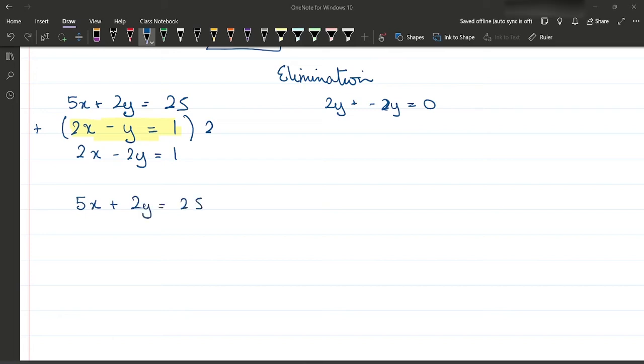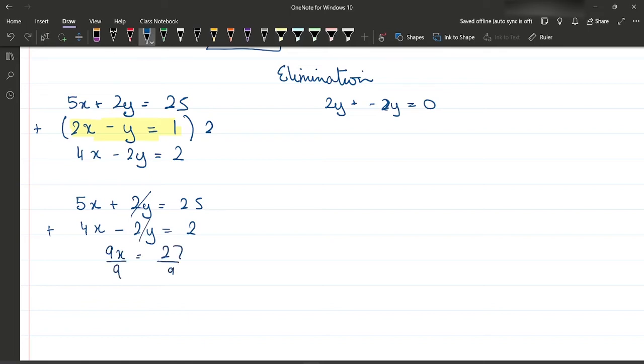Oh, by the way, this will be 4 and this will be 2. Everything multiplies. Sorry about that. So we have 4x minus 2y equals 2. So now when we add these, the y's will cancel out and we will get 9x equals 27.